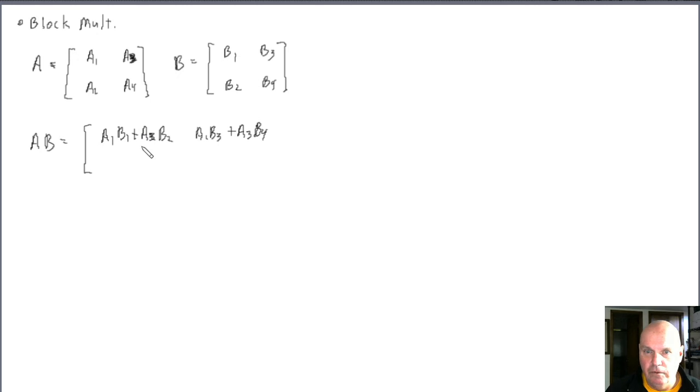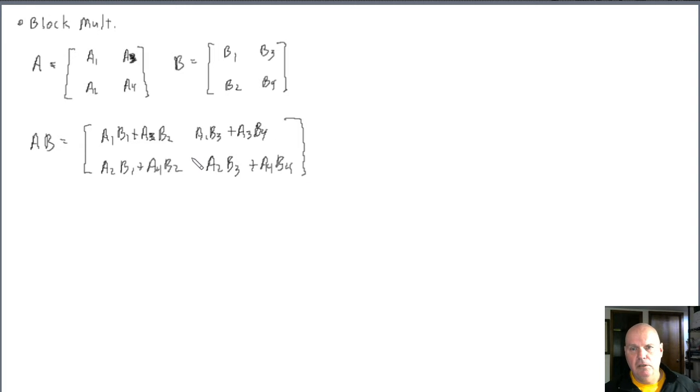Notice I'm being careful to do left multiplication by A or right multiplication by B. And then for this bottom row here, we would have A2 times B1 plus A4 times B2. And then for this last element, we'd have A2, B3 plus A4, B4.